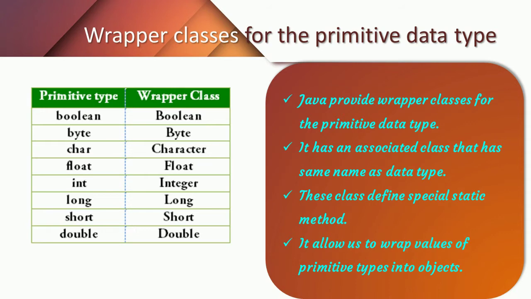Such type wrapper classes are defined in the java.lang package, which automatically gets included with every Java program you write. And it also allows us to wrap values of primitive types in the wrapper class.